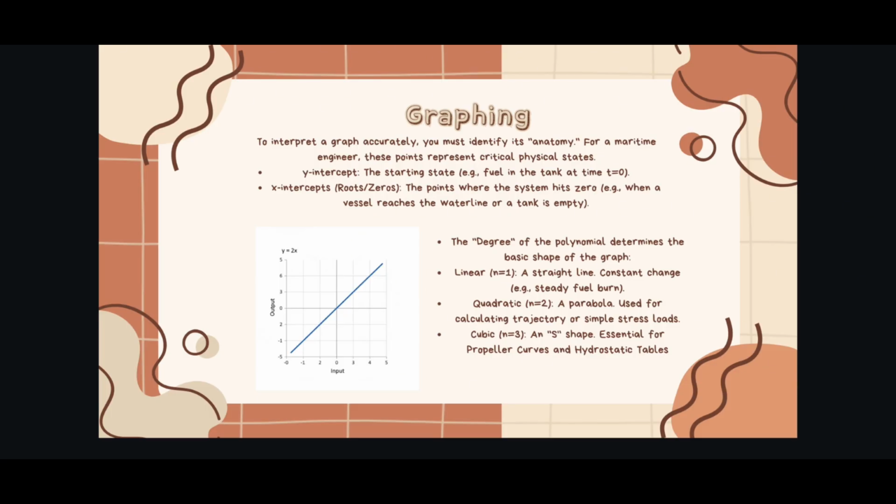This slide also explains the degree of a polynomial. If the degree is 1, the graph is linear, which is a straight line. If the degree is 2, the graph is quadratic, which is a U shape. If the degree is 3, the graph is cubic, which forms an S shape. The degree helps us understand the overall shape of the graph.